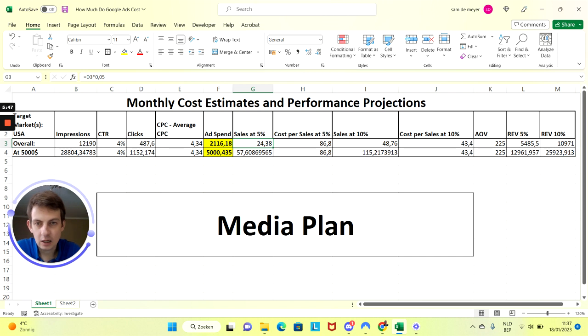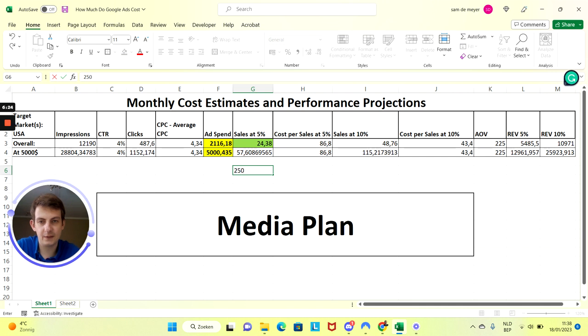So you have an ad spend of 2,116 and you get 24 sales. Your cost per sale, at 5% of those people converting from the 487 clicks, is $86.8 per sale. And let's say your average order value, meaning the average price that people pay you for your service, is around $250.